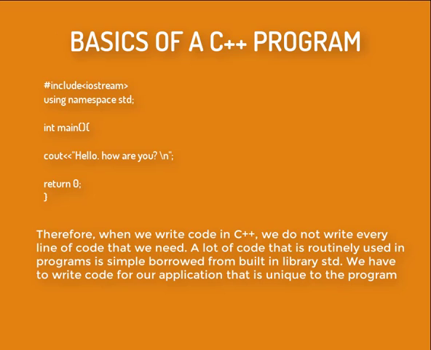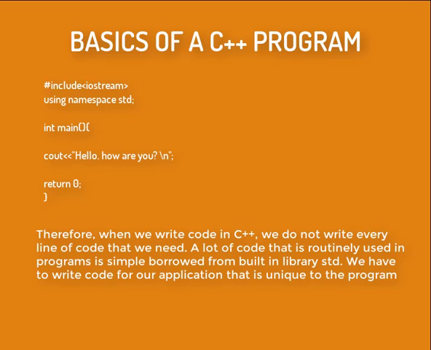So when you create a C++ program, you don't really have to write every line of code that you will actually need. A lot of code that is routine, for example displaying output, accepting input, file operations, a lot of things which are routine in every C++ program, you don't have to write. We simply borrow that code from the std library, and later on when the program is being prepared for execution, the code that we borrow from the std library will be placed in your code so that it can be used in the program.